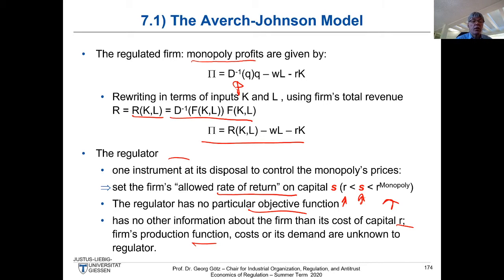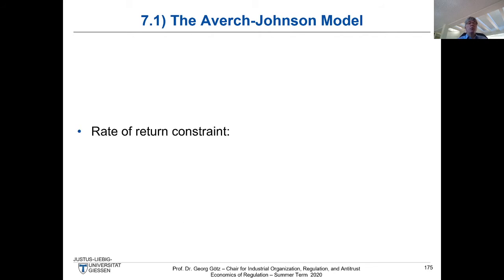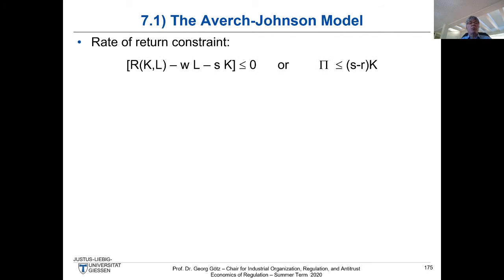Given that, we can set up the optimization problem of our regulated company. And our regulated company faces a constraint. So what is the constraint? You see here, this is revenue minus cost minus the allowed rate of return. Perhaps it's easier to put it like this: R(K,L) minus WL has to be smaller or equal to S times K. Because the left-hand side is nothing else than, in a sense, operating profit.